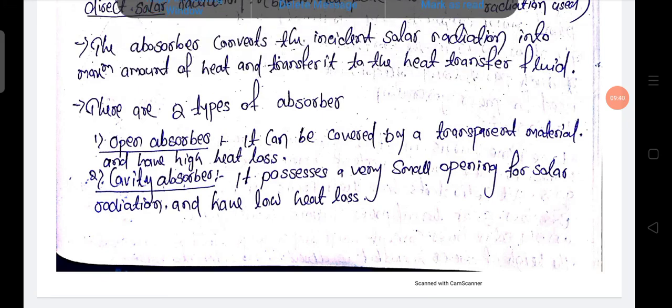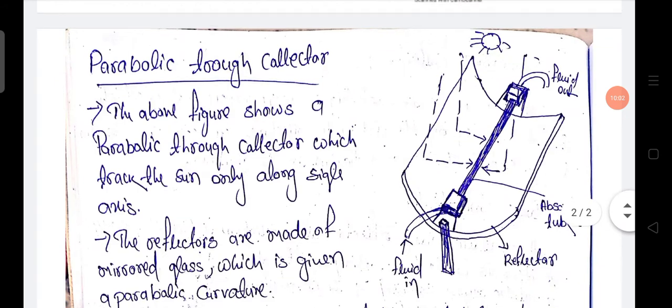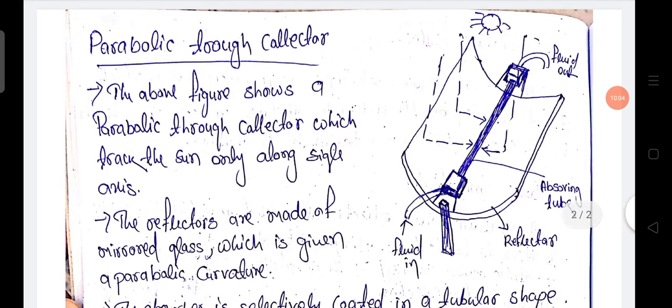But in the case of cavity absorber, it possesses a very small opening for solar radiation, so that the heat loss is very low.